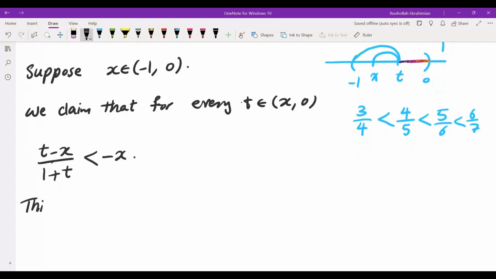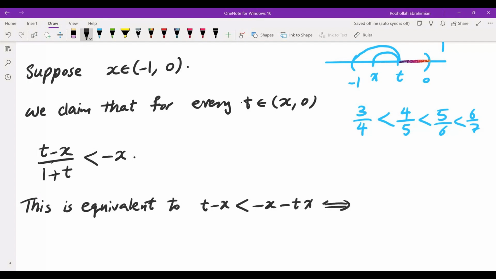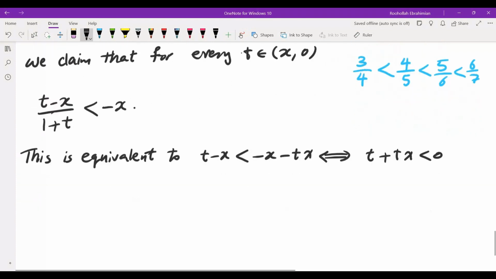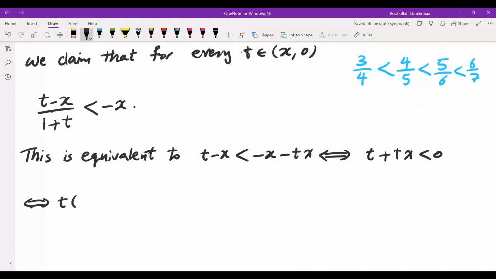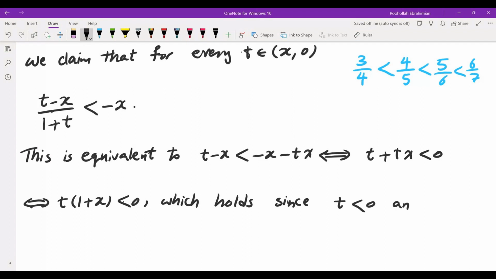So this is equivalent to t minus x is less than negative x minus tx, which is equivalent to t plus tx less than 0, which is the same as saying t times 1 plus x is less than 0, which holds since t is negative and x is greater than negative 1.